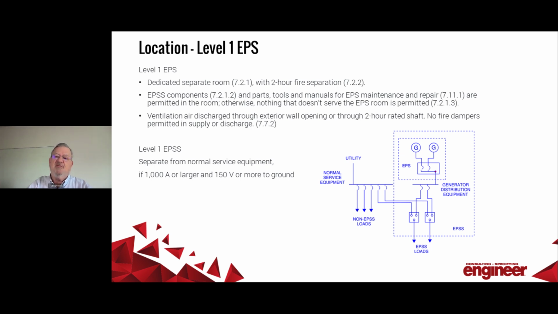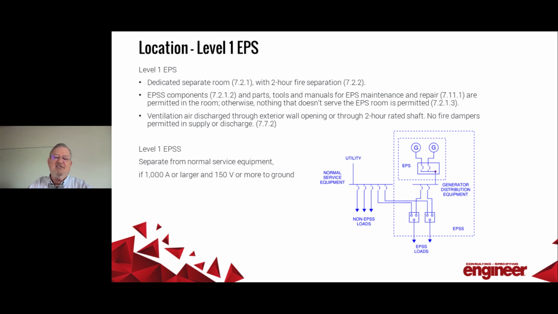Things that are necessary to maintain and repair the EPS and equipment that serves the room, things like ductwork and cooling equipment, for example, and EPSS equipment, transfer switches, any component of the system down to the load contact of the transfer switch, are permitted in the room with the EPS, but nothing else can be in that room that doesn't serve it. If the EPS is outdoor, it has to be in an enclosure that can resist snow and rain, and no foreign equipment can enter that enclosure.